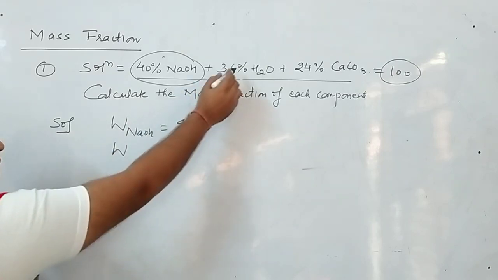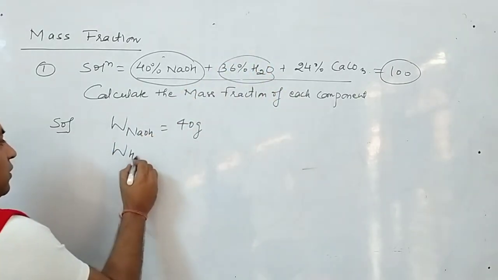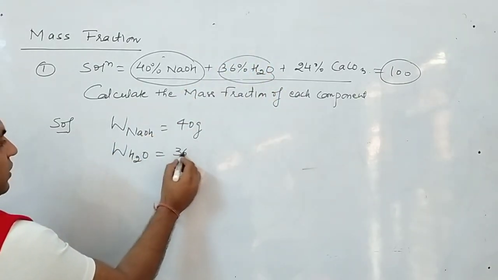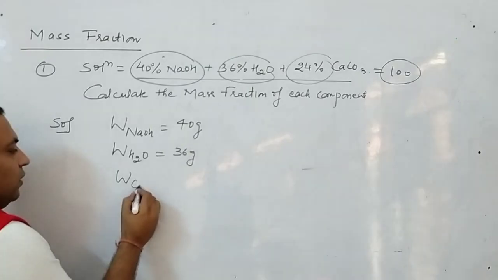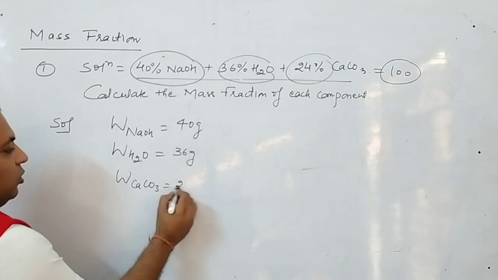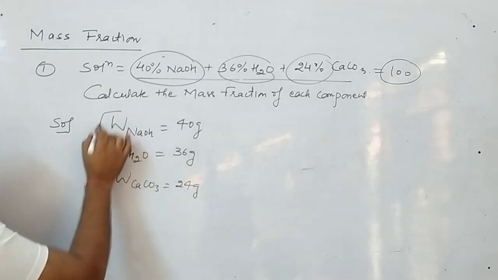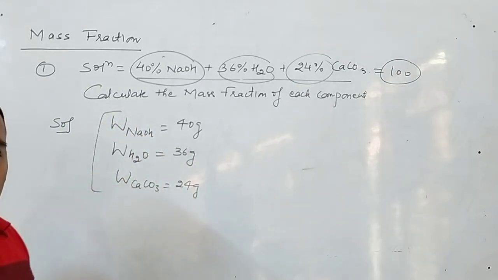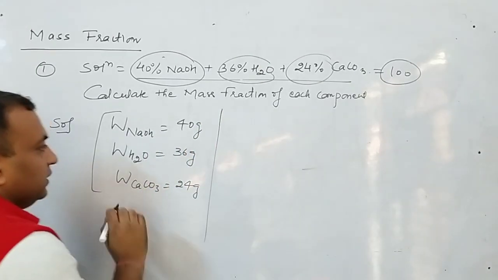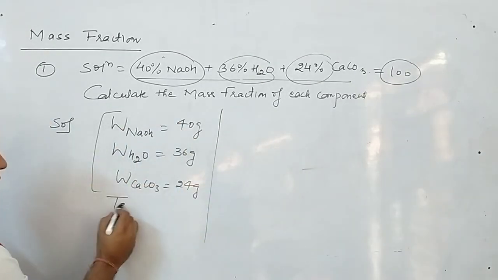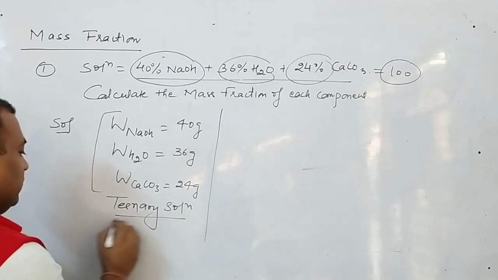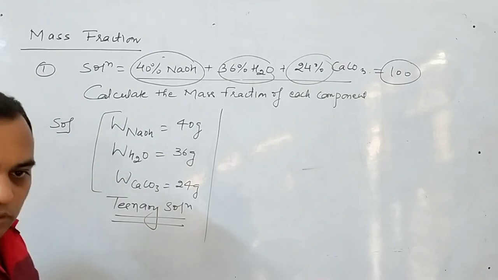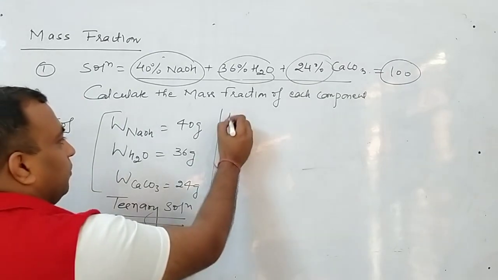Similarly, mass of water will be 36 gram. Similarly, mass of CaCO3 will be 24 gram. Is this clear to all of you now? Any doubts? Okay, now see. Since we have 3 components, this is said to be a ternary solution.